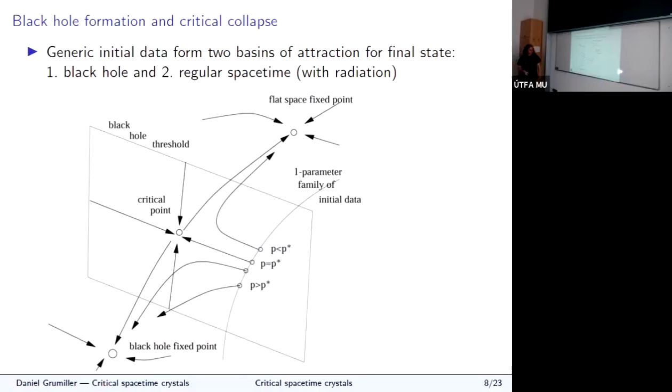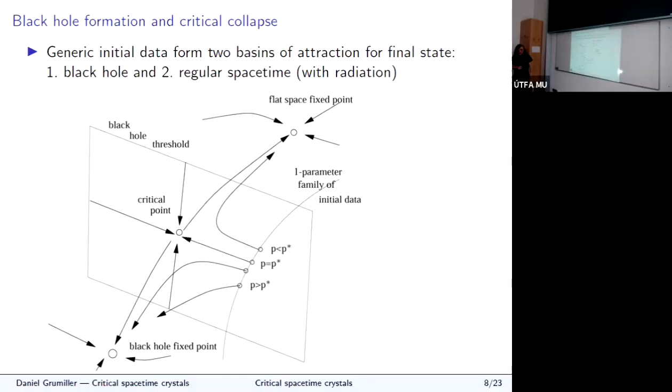P is the family parameter, and for values P bigger than P star, you always form a black hole as a final state, and for P smaller than P star, you always form flat space as a final state. That means by bisection you can approach this critical point P equals P star, where you neither form a black hole nor flat space. And this is exactly the critical solution we're interested in.